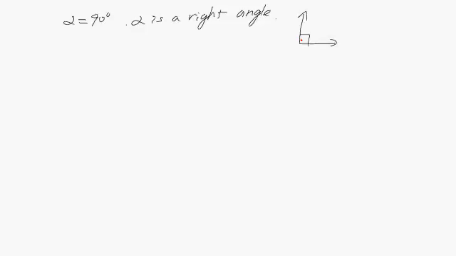So actually, both the right angle and the straight angle are examples of quadrantal angles. So a quadrantal angle is just an integral multiple of 90 degrees.